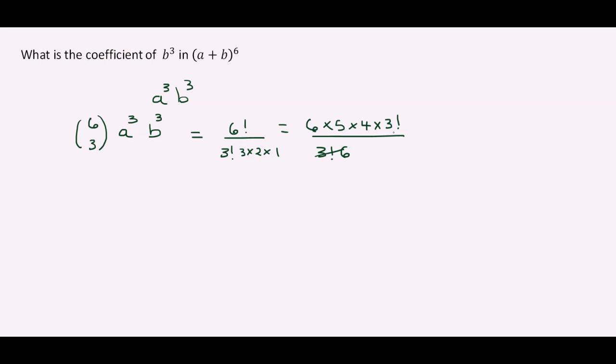So we cross out 3 factorial, and then we can cross out 6. So we have 5 multiplied by 4, which is going to give us 20. So the term with b cubed is going to be 20a cubed b cubed. So the coefficient of b cubed in the expression is going to be 20.